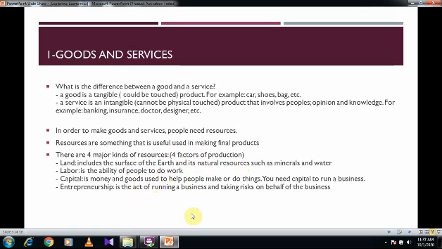You might not have the wits, the courage, the ability to take decisions quickly and wisely, and to take risks. This is called entrepreneurship, and we need all these 4 to produce any good or service. They are known as the 4 factors of production.